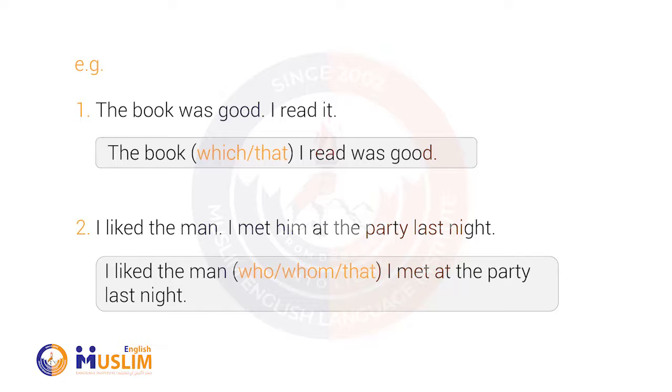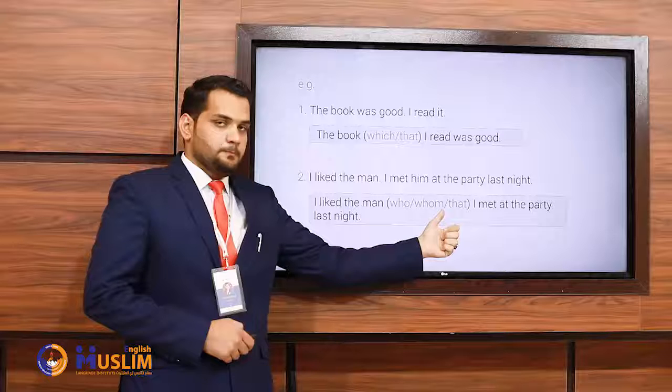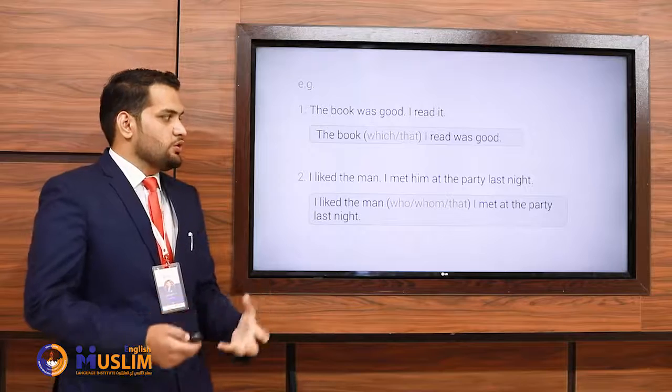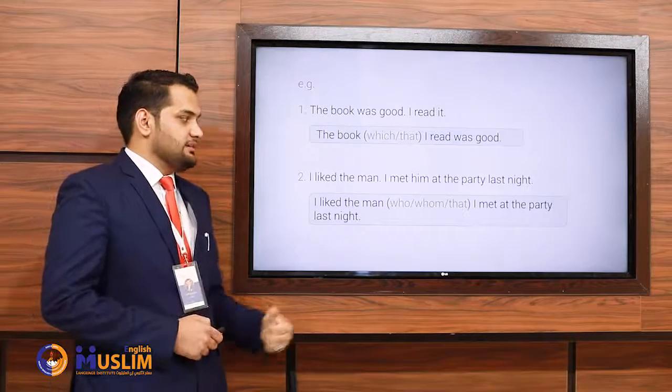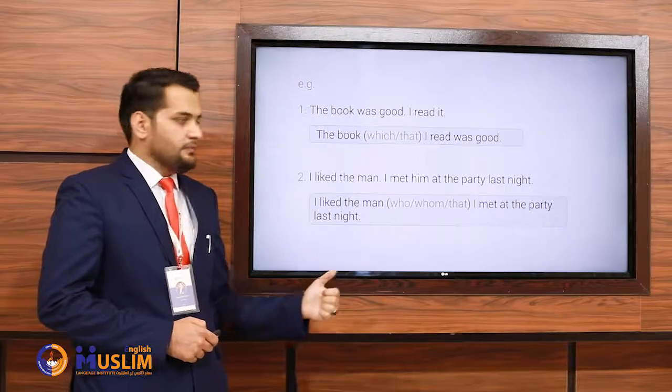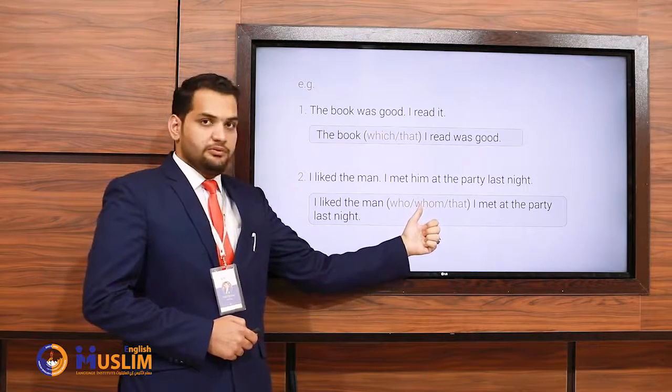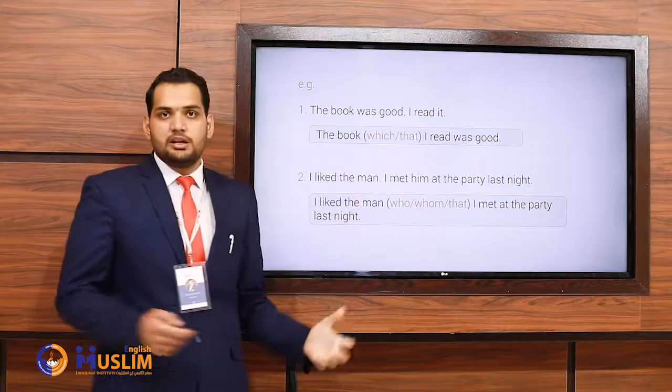You can say who, you can say whom, or you can also use that. I liked the man, who or whom or that I met at the party last night. Out of these three relative pronouns, only whom is formal and the rest of them are informal.